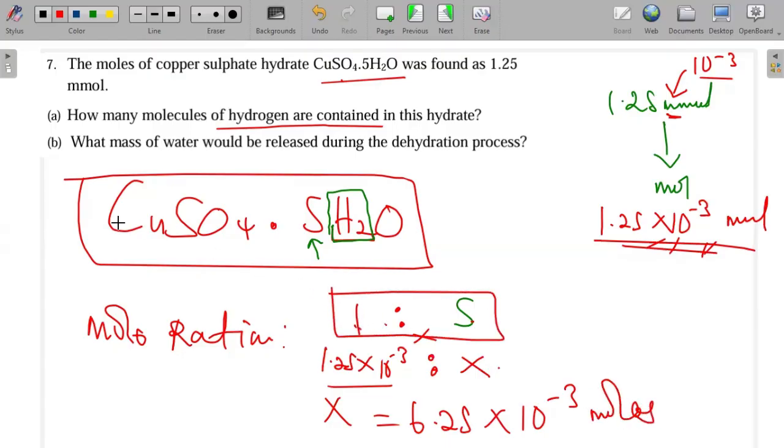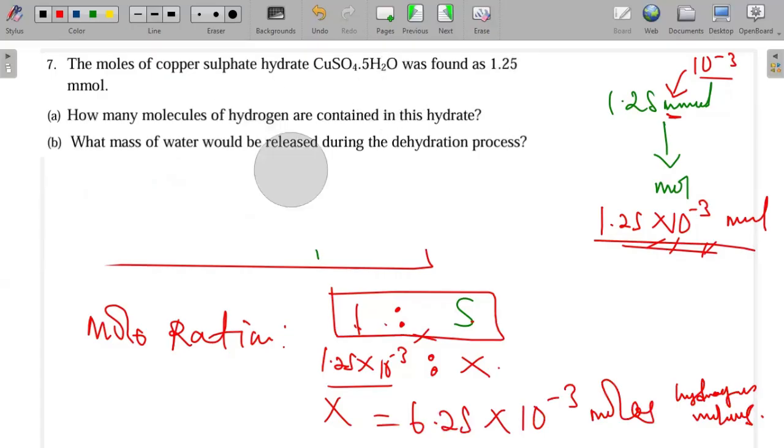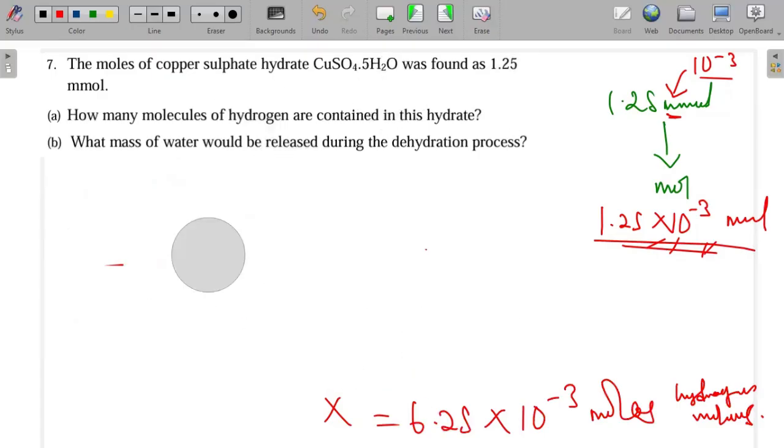If I have one mole of this, then I have 5 moles of hydrogen molecules. So what if I have this number of moles, then I have these moles of hydrogen molecules. Even here I can write hydrogen molecules.